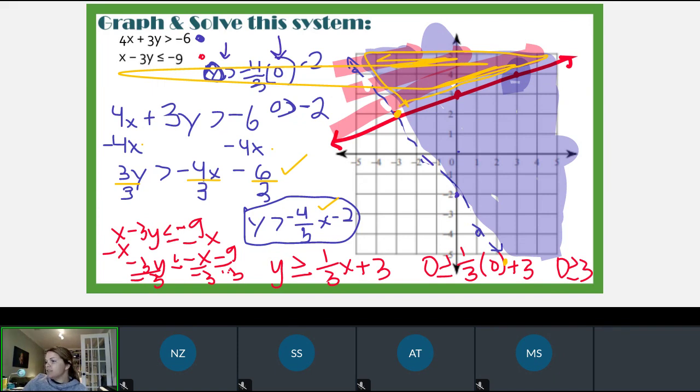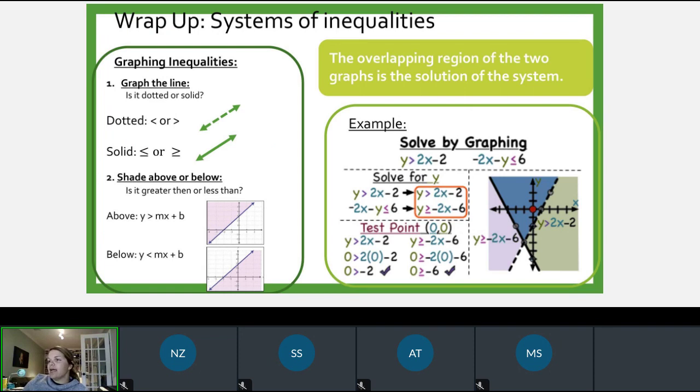All right, one last thing I'm going to put up as a little recap. If you want to take a picture of this, this is just kind of like a little cheat sheet, a quick wrap up of graphing systems. Don't forget you have to either choose dotted or solid line. Then you've got to do some shading.